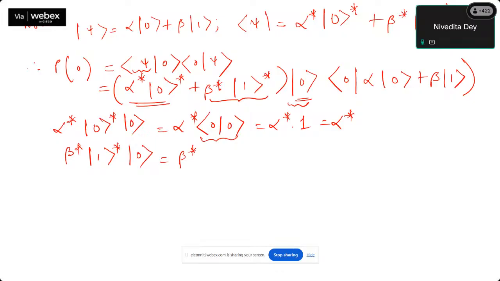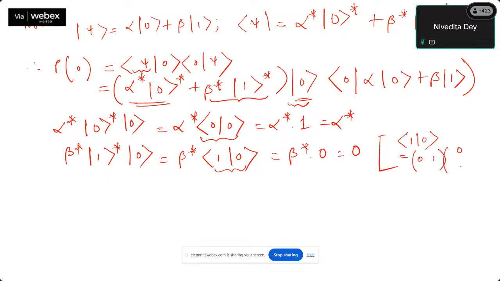Now this will be bra 1, ket 0, and this is 0. Again, if you do this, you will see that it will be 0, the inner product of different states. So 1 0 means 1 is this one, and this is 0 1. So it will be 0 into 1 plus 1 into 0. That is 0.